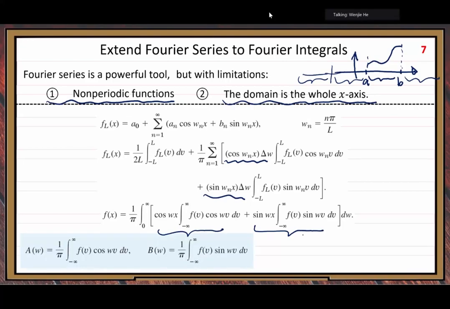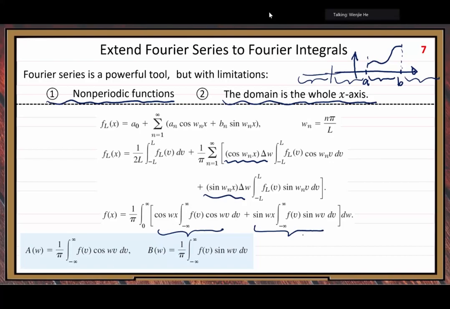When we represent it this way, we want to introduce a capital A function, which is an integral, and a capital B function.